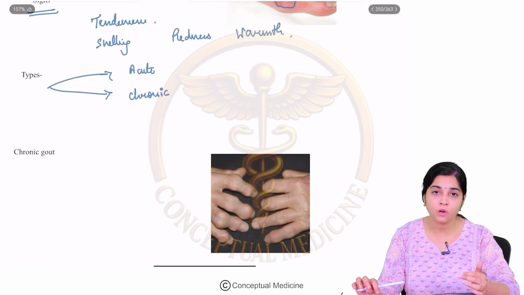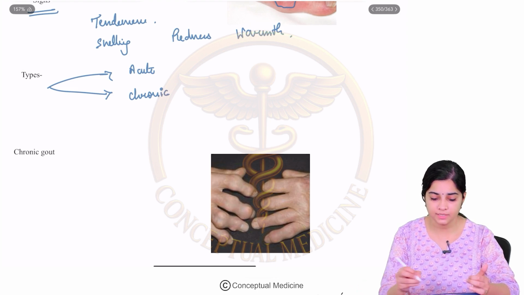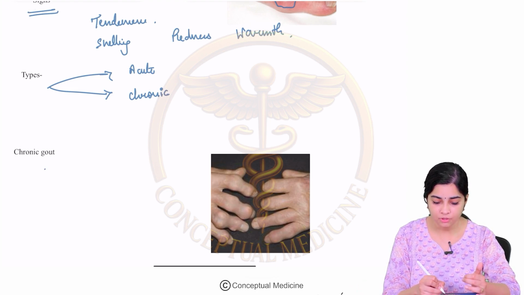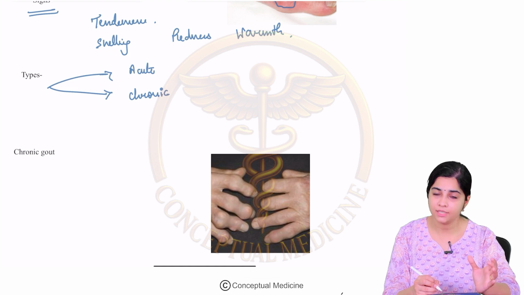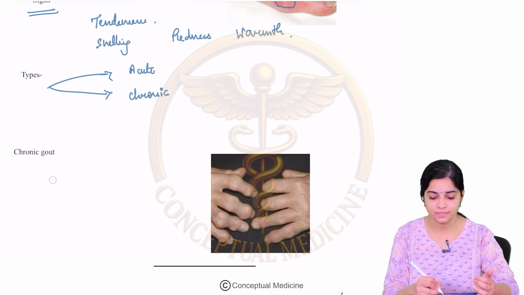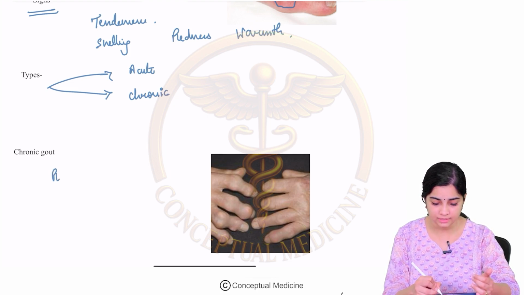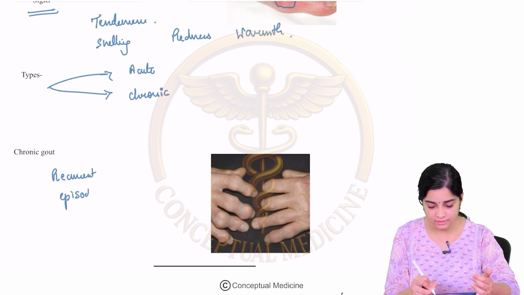So when we speak of chronic gout, how is it going to present? It is going to present in the form of a relapsing remitting course, right? So they have an episode of a monoarthritis and usually it settles down within a few days, and then they have recurrent episodes of arthritis again.